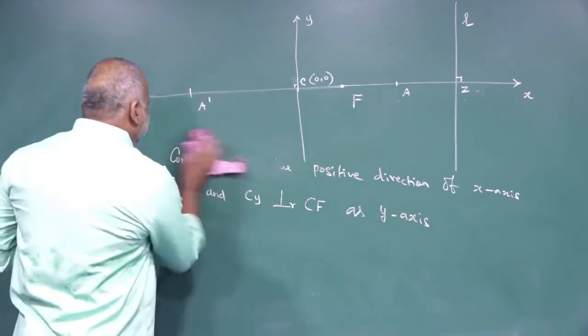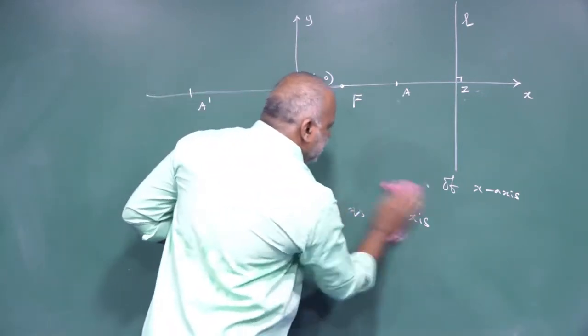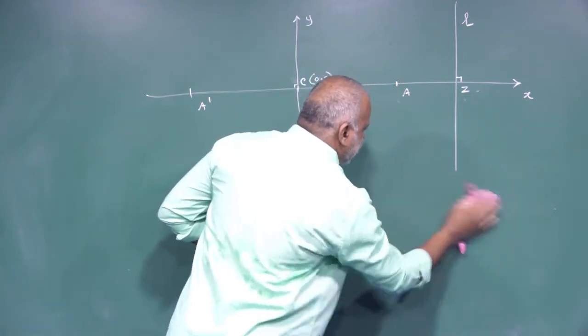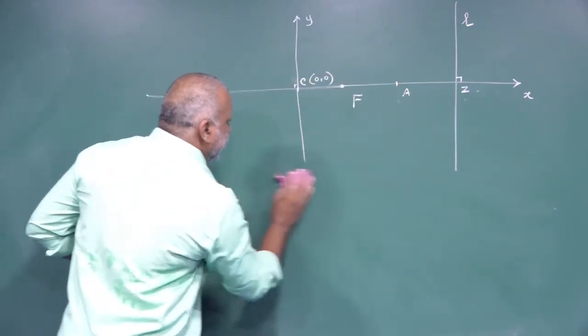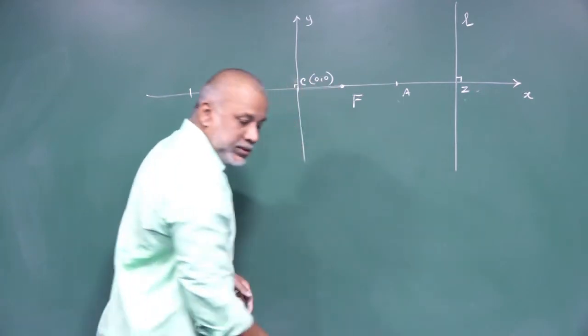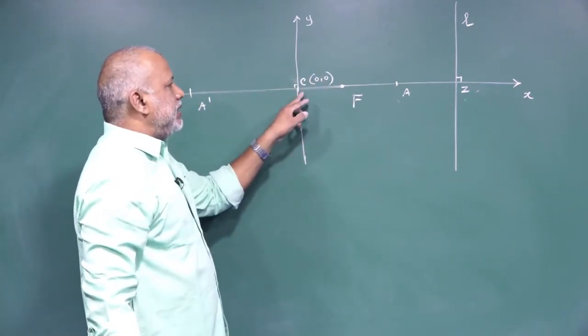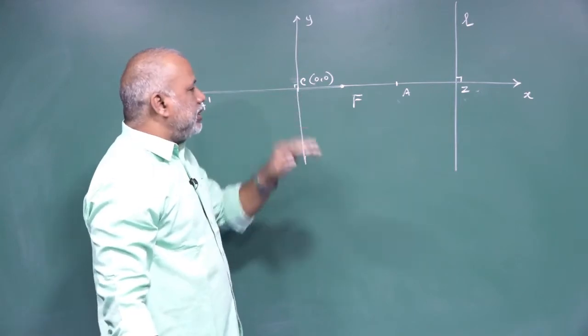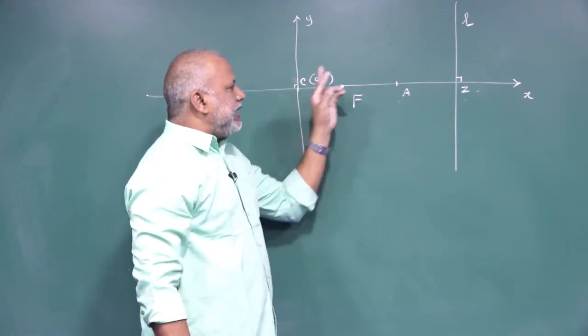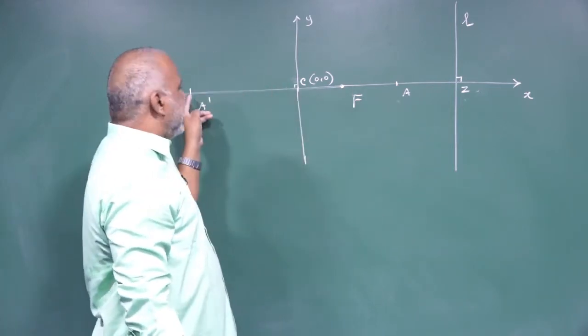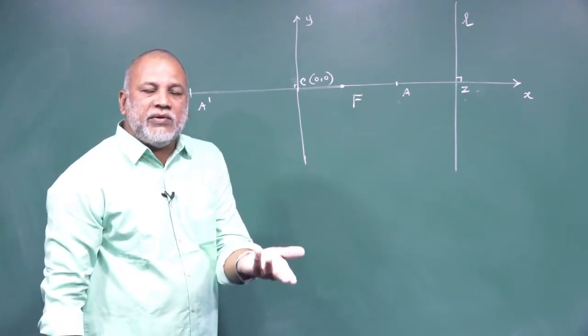Now, the next explanation, see the explanation correctly. For each explanation, take down the diagram. Now, we are considering C as the origin (0, 0). CA dash equals a; we are already explaining.